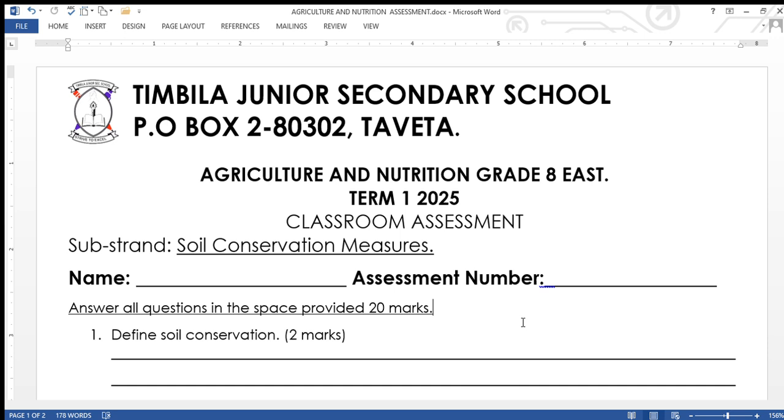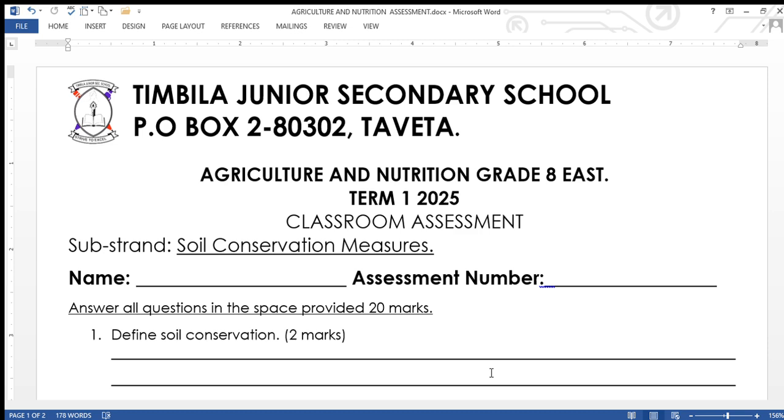That discussion was very superb. So that is the definition of soil conservation. They also went ahead and stated the methods of soil conservation, isn't it? But you are only required to define, and the mark was 2 marks. Are we together?